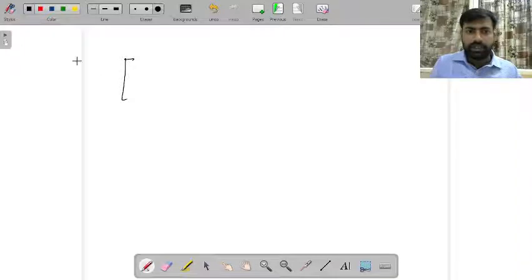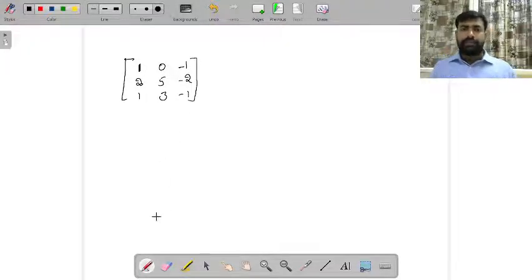So here, this time I'd like to create a matrix: 1 2 1, 0 5 3, 1 negative 1, negative 2, negative 1. Okay. Here neither the row sum is equal nor the column sum, but there is something you can observe. Look at the first column and the third column.